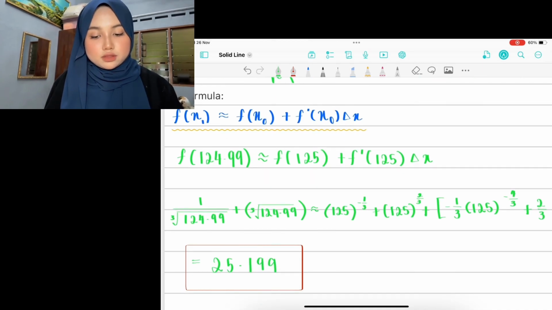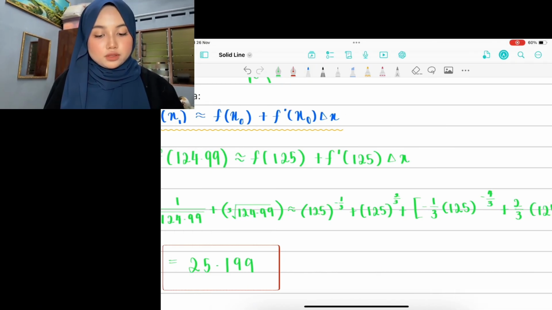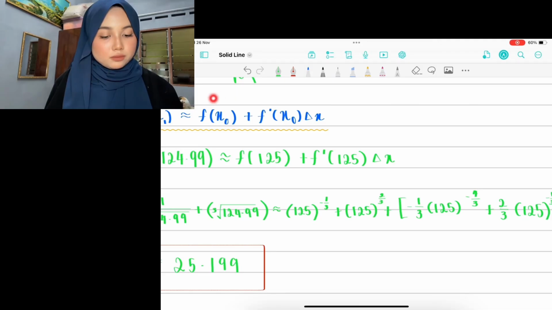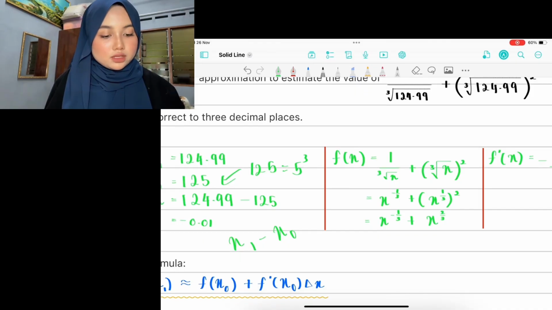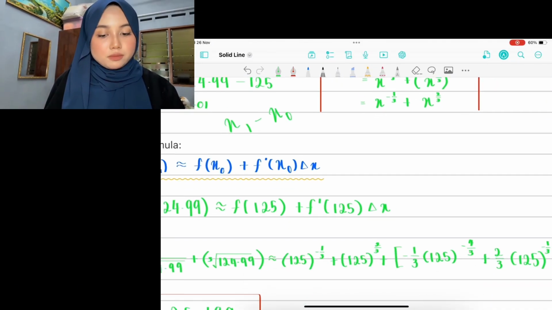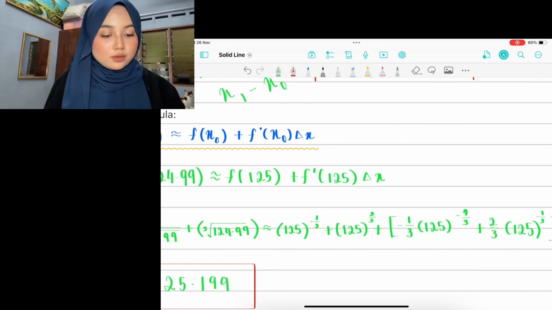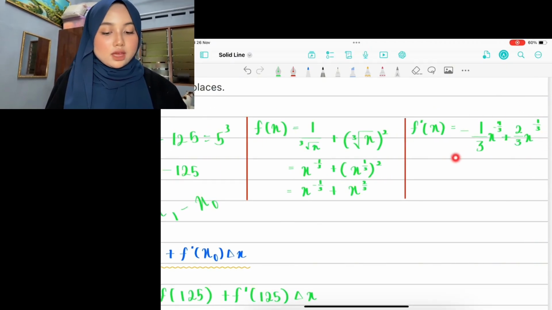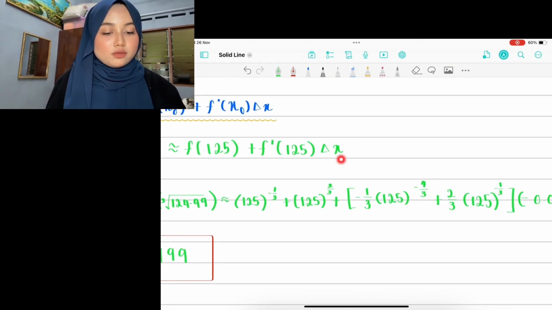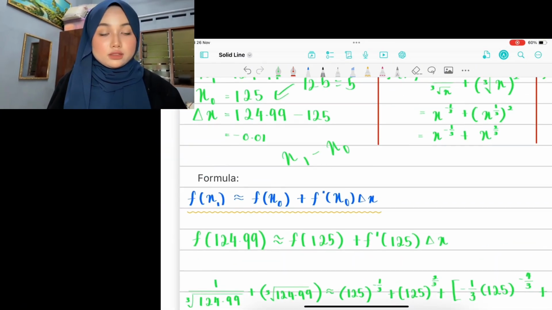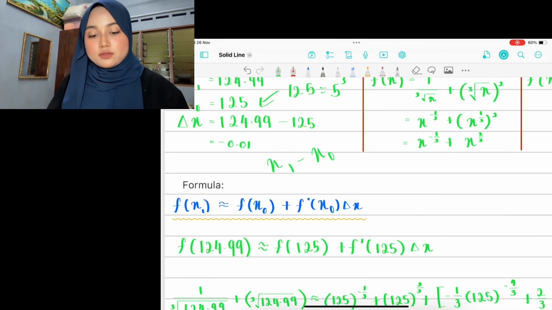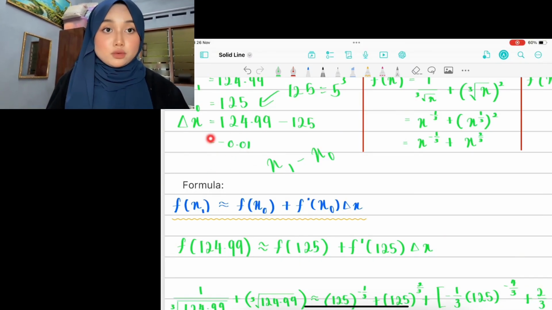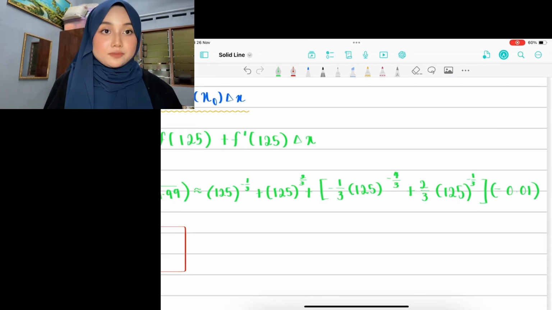I put it here for f(x1), and then f(x0), I replace it with this equation, and then plus f prime of x0. For f prime of x0, I use these equations, and then we have the value of x, the change that we already found first, negative 0.01. So we put it here.